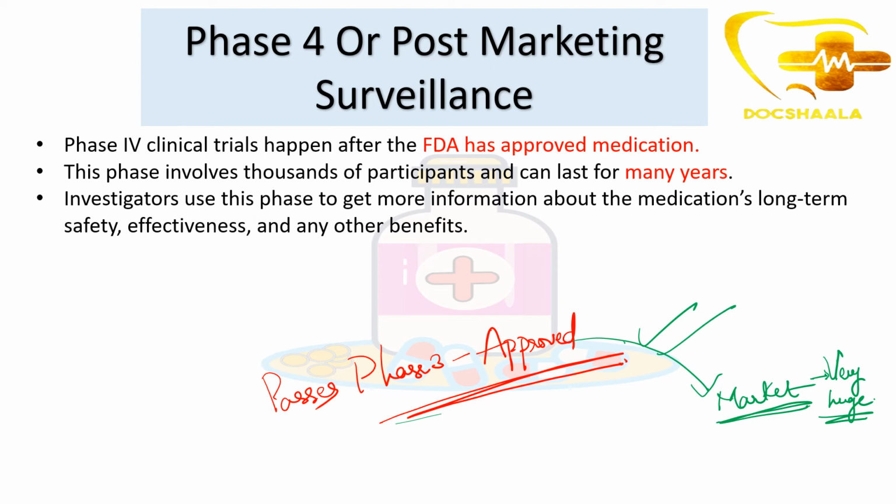So this phase is phase 4. This phase involves thousands of participants and can last for many years. Of course, we'll see it for many years. We'll not conclude it in a short span, right? So investigators use this phase to get more information about the medication's long-term safety, effectiveness, and any other benefits.